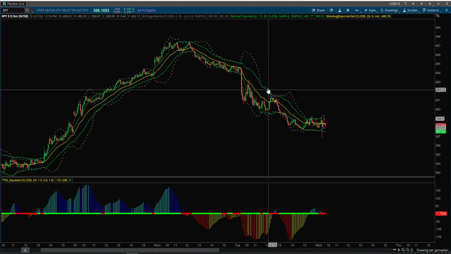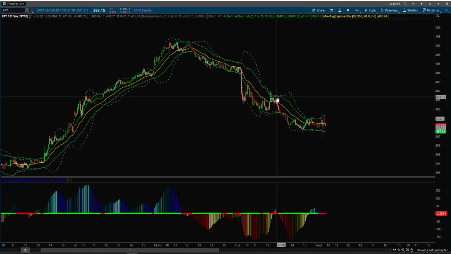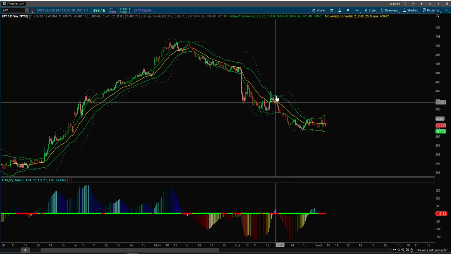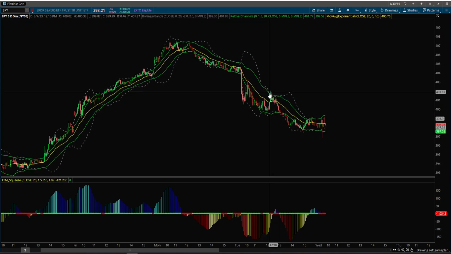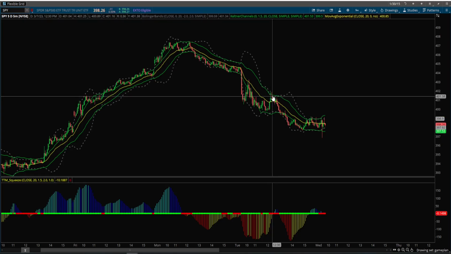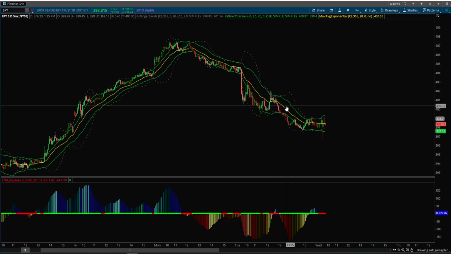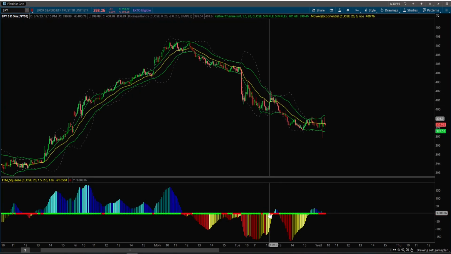So that's when the standard deviation comes within the mean, right? And that's your squeeze. The second that Bollinger Band comes within the average price channel, within these Keltner channels, you get the red on the squeeze indicator, right? That is when a squeeze is happening.